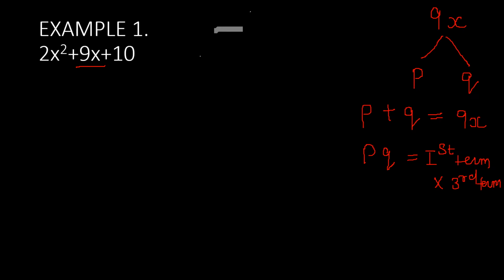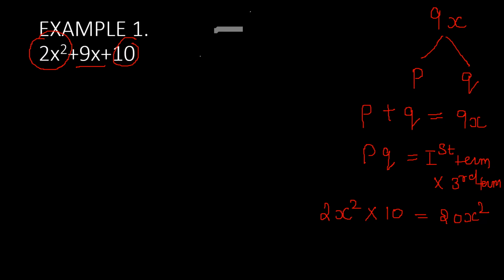Here, in the given quadratic polynomial, the first term is 2x square and the third term is 10. So when we multiply these, it becomes 20x square. So we have to find two terms whose sum should be 9x and product should be 20x square.